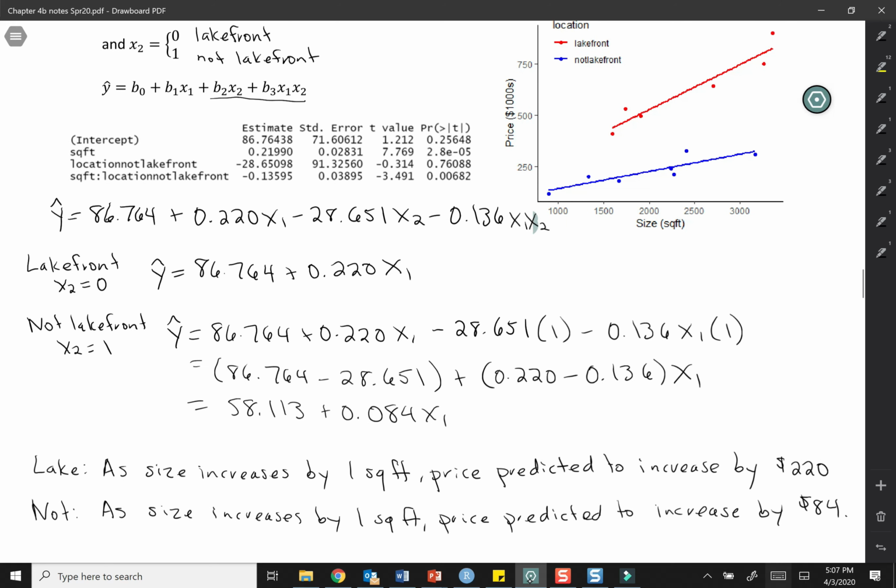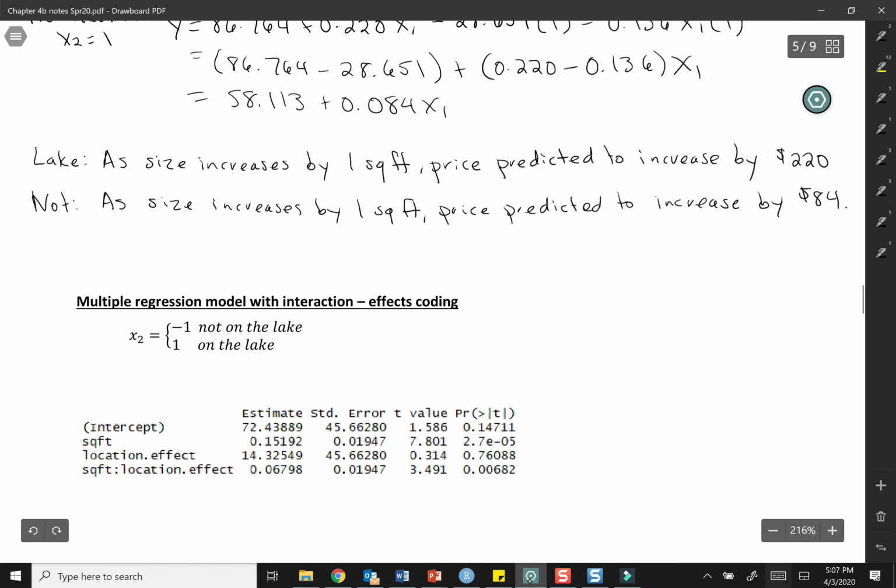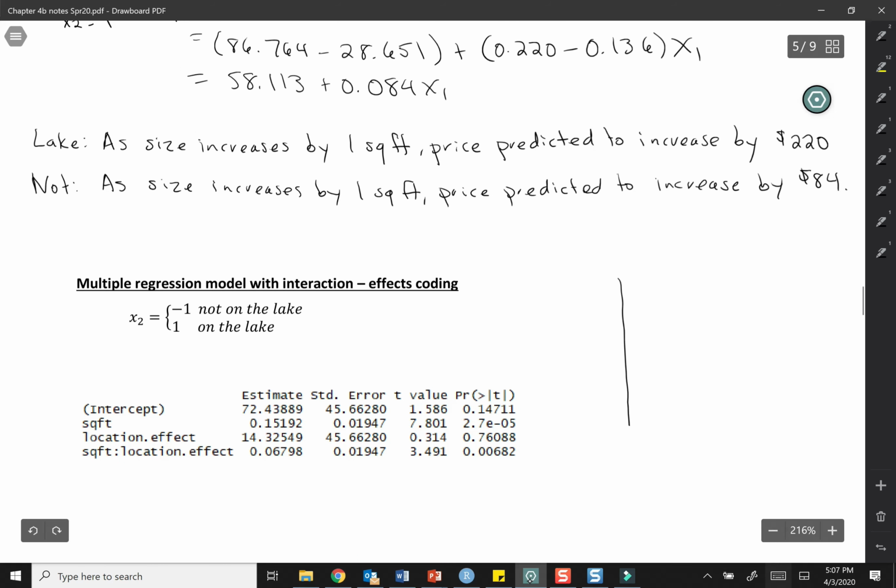So here we've done everything with indicator variables. What if you were to try to do the same model but with effect coding instead? So I'm just going to draw a little sketch of the graph. I'm trying to match it. So I had, this is not lakefront, this is lakefront, and I have size and price.